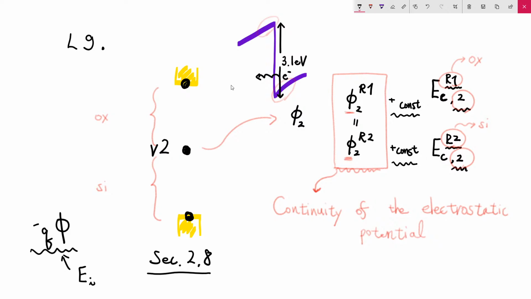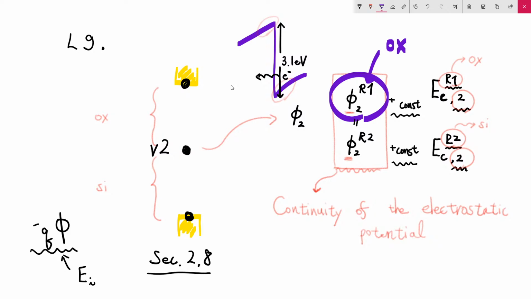Since R1 is an oxide region, if we defined the electrostatic potential as referring to the intrinsic energy level at that point, then maybe we would have a discontinuity.